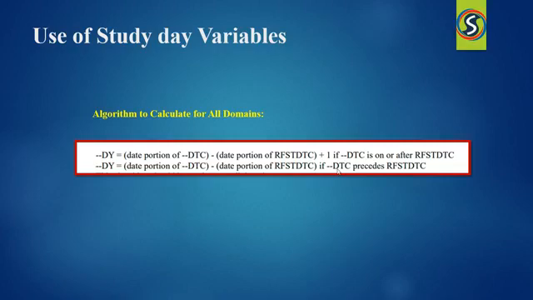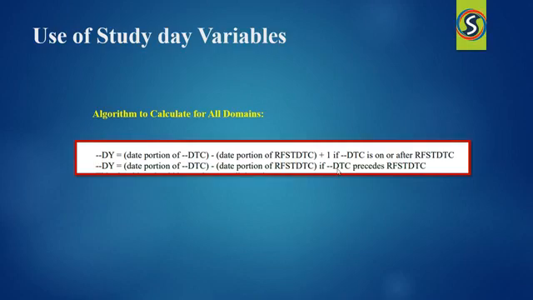So all your study day values are integers, so you can calculate your study day by either of the following. DY is going to represent the date portion of your DTC value minus the date portion of your reference start date, plus 1 if your DTC is on or after your reference start date.